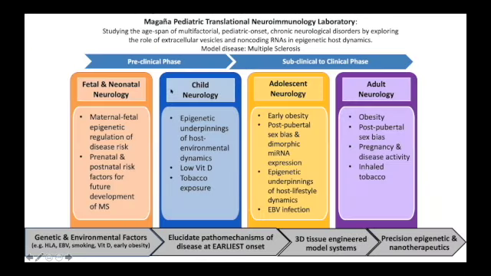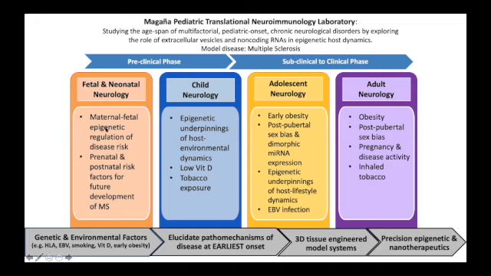And so this is just the overview of my research program. So I'm interested in studying the age span of multifactorial pediatric onset chronic neurological disorders by exploring the role of EVs and non-coding RNAs in epigenetic host dynamics using MS as the model disease. As I mentioned, there's a preclinical phase, and there's a lot of new evidence to suggest the role of EVs in pregnancy disorders with maternal fetal crosstalk.